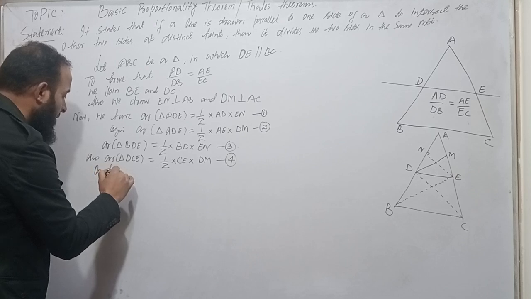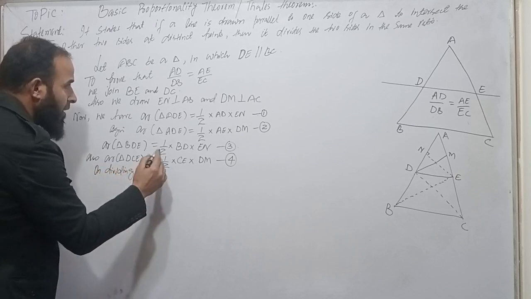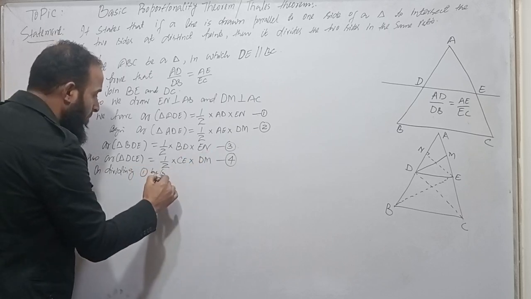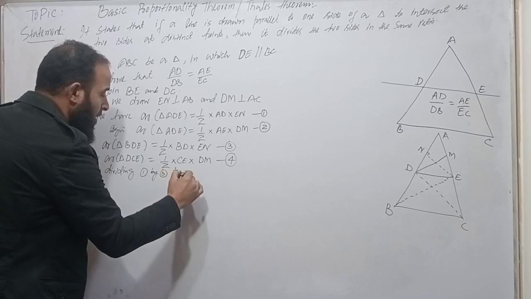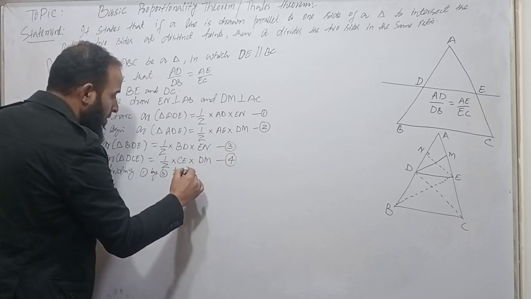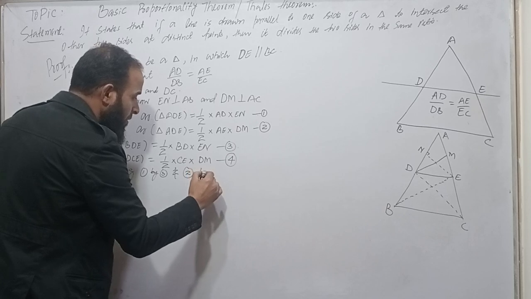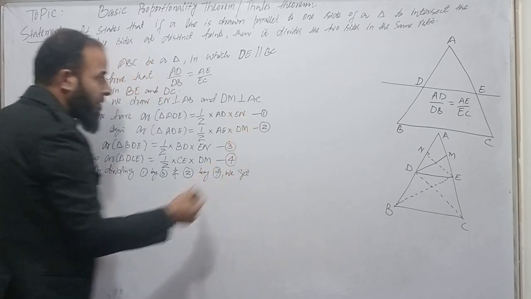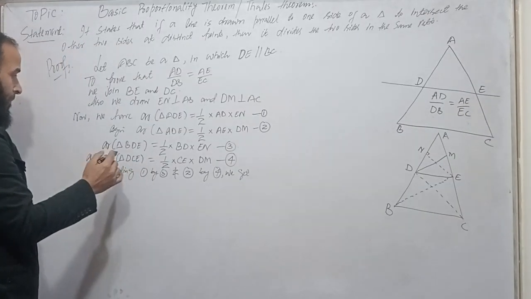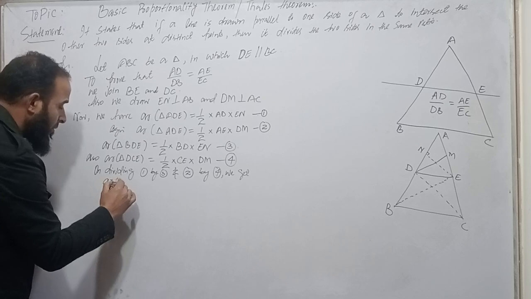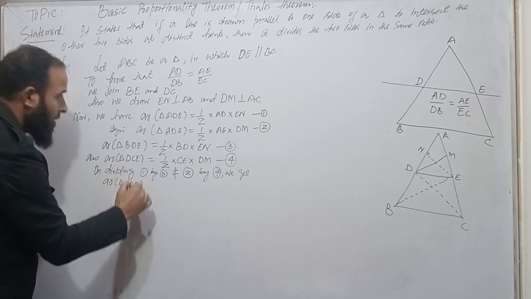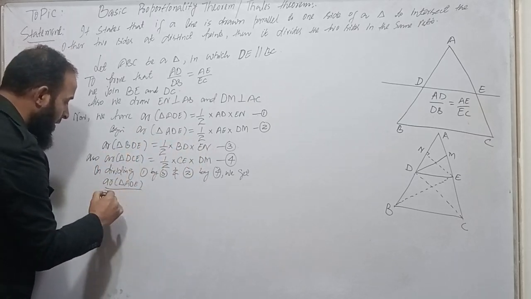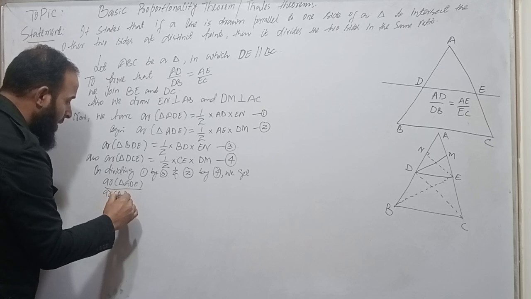On dividing equation first by equation third and equation second by equation fourth, we get area of triangle ADE, this is equation first. What is equation third? It is area of triangle BDE.